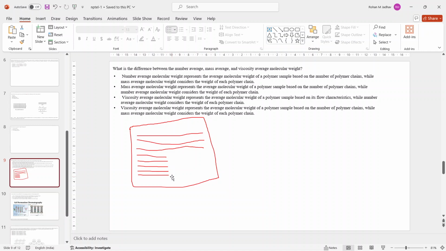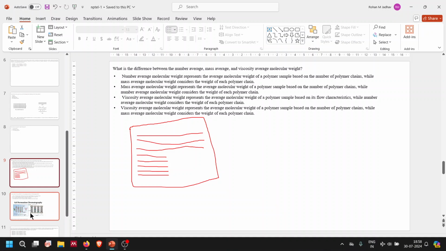And then the mass average will be defined on the chains which have the heaviest weight. That is the first three chains. And viscosity average molecular weight is defined based on the polymer solvent viscosity and how that is affected. That is affecting the measurement of viscosity and the molecular weight of the polymer itself.